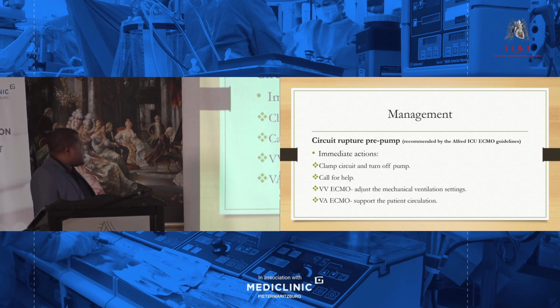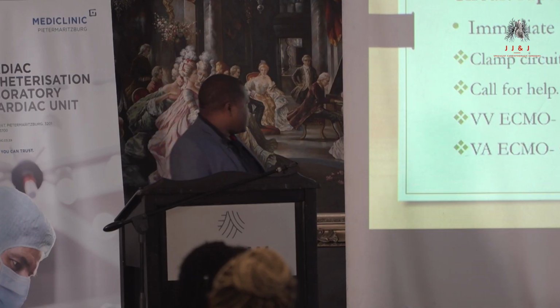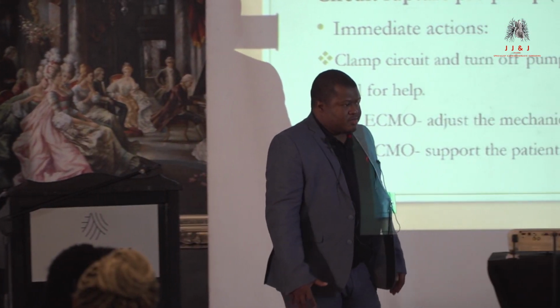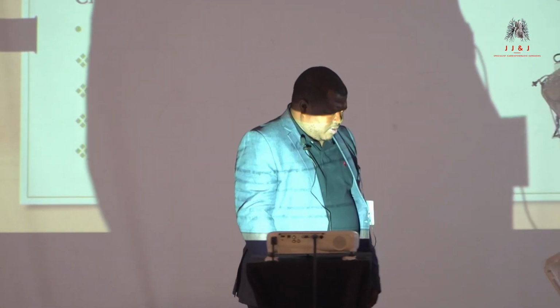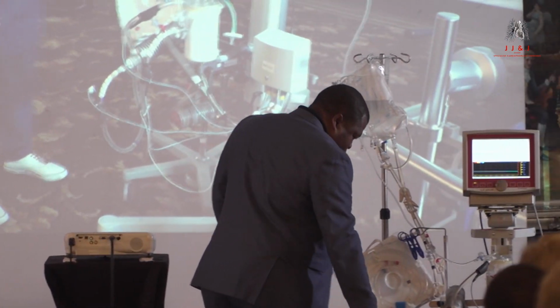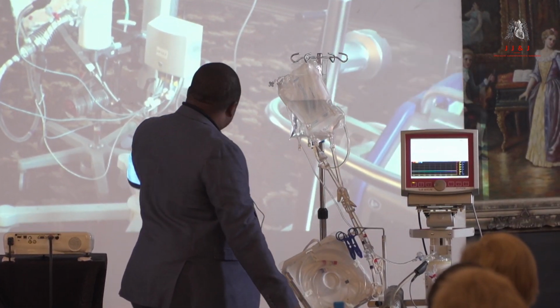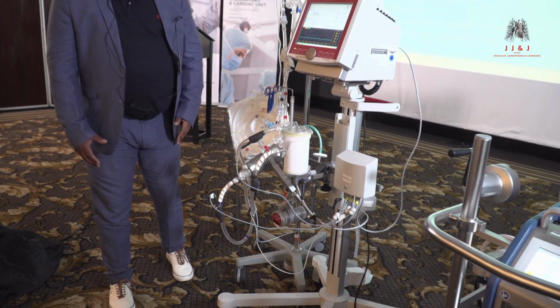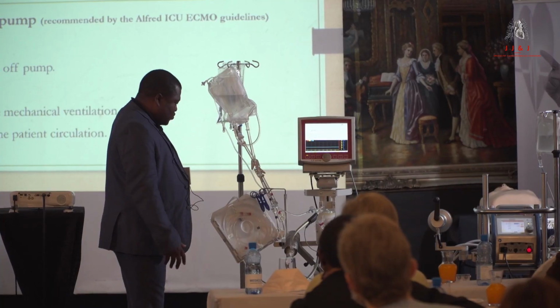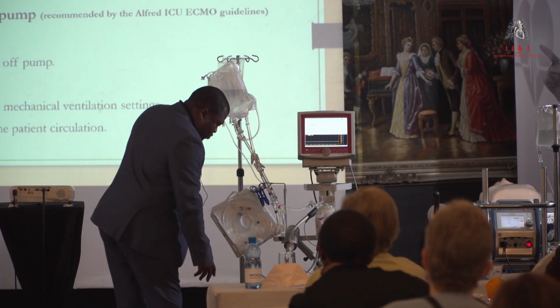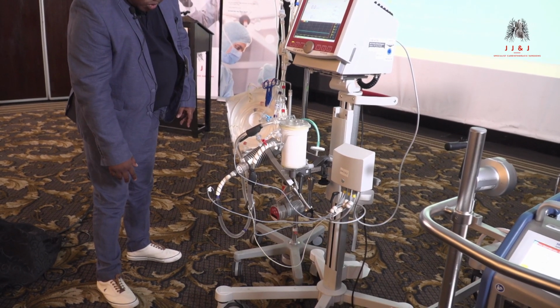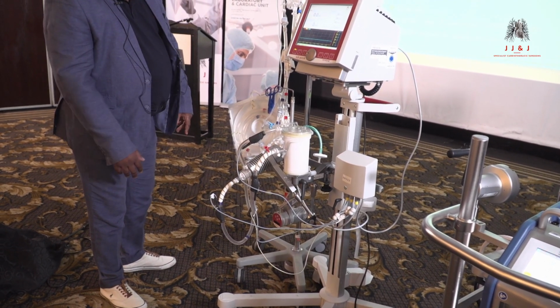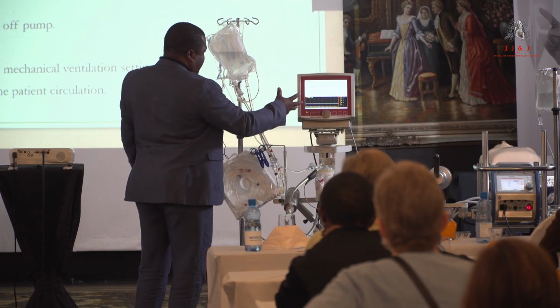So now, what do you do in these situations when this happens? This is recommended by the Alfred ICU ECMO guidelines. On the pre-pump head region, you can clamp the circuits. Mr. Fulton alluded to it, that you're going to clamp your tubing. So you clamp your venous side of the tubing, and then you clamp your arterial side of the tubing, and you stop the pump.